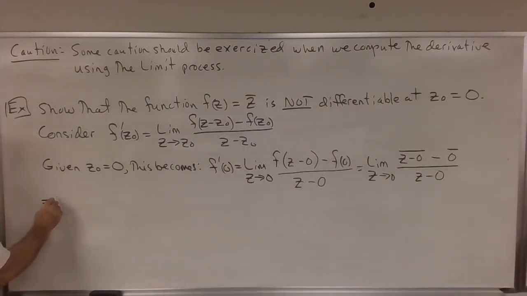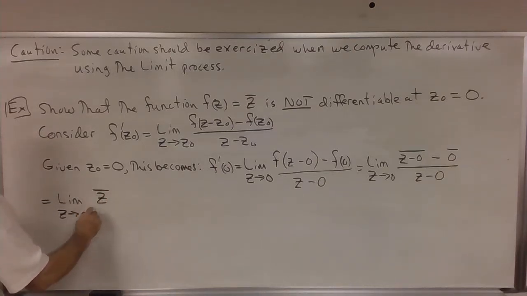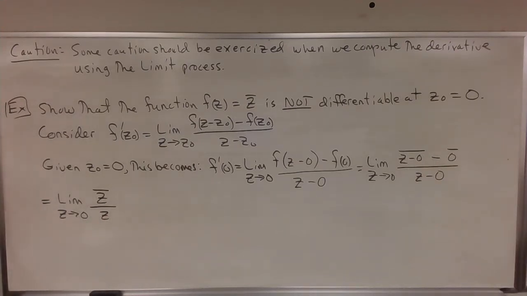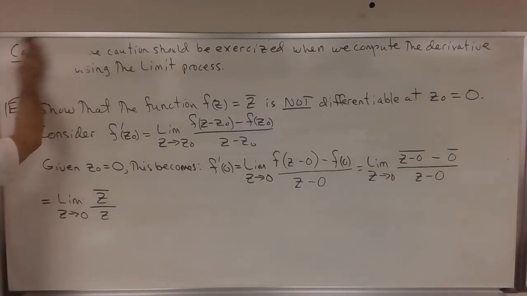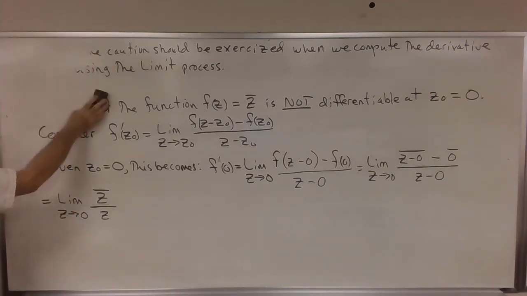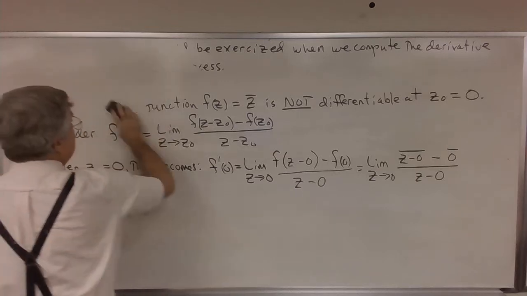So this is the limit as z approaches 0 of z conjugate divided by z. And I'll let you look at that for a second. I'm going to erase the board just to give me some more writing room.